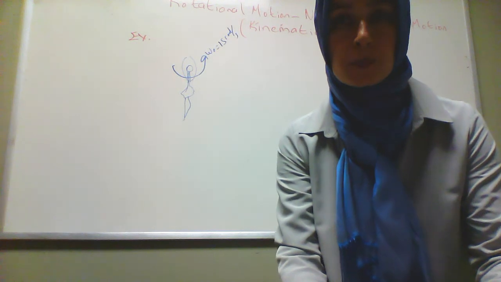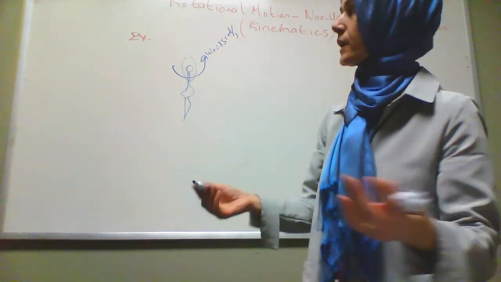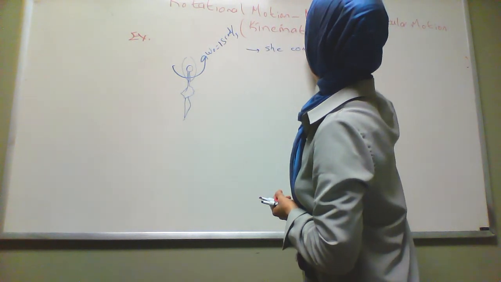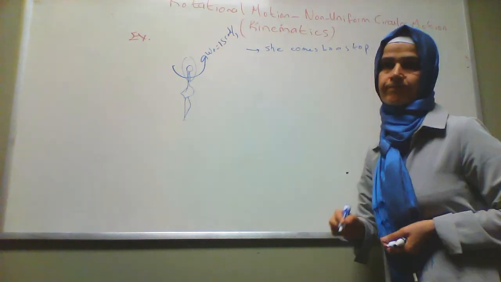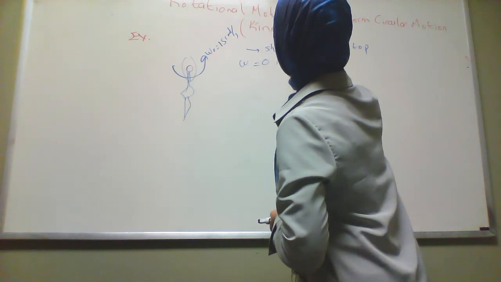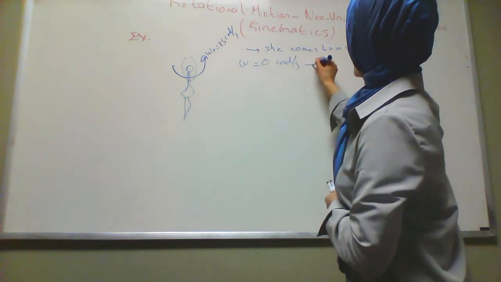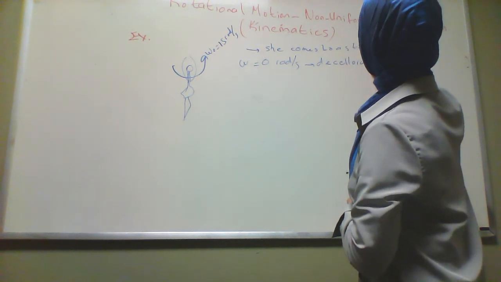Okay, so a figure skater is spinning with an angular velocity of 15 rad per sec. She then comes to a stop. As I am reading my question, I am thinking also. What does that mean? It means the final omega will be 0 rad per second. She stopped. And what she is doing is decelerating. I put this down as well.